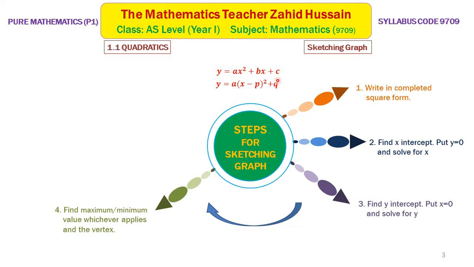You will find this value and the coordinates of the vertex, which will be p, q. You will change the sign. If the sign of p is negative, you will change it to positive and you will keep the sign of q. p, q will be the coordinates of the vertex.